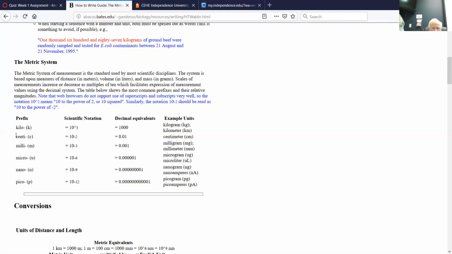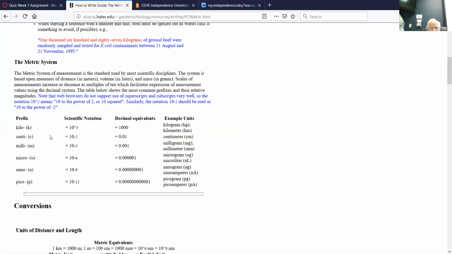For instance, in looking at weight units, our weight unit is a gram. A gram is approximately 1/30th of an ounce. 1,000 grams is a kilogram, or to use scientific notation, which you may remember from school, 10 to the third, or 1,000 grams.